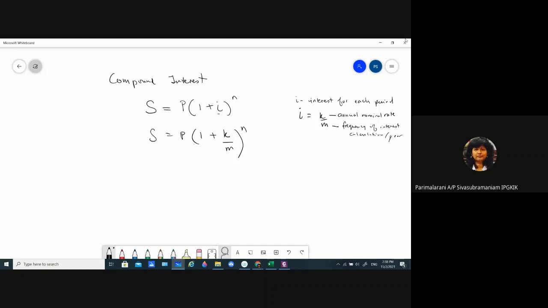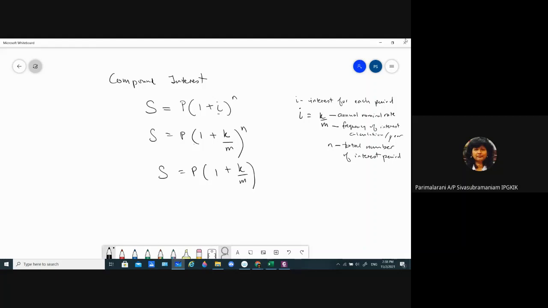Or we can also write this like this: 1 plus K over M. What is our N here, by the way? N is the total number of interest periods. That means in 1 year, how many interest periods, and your whole investment period is how many years.